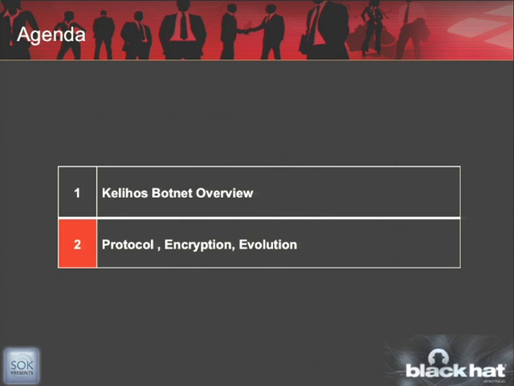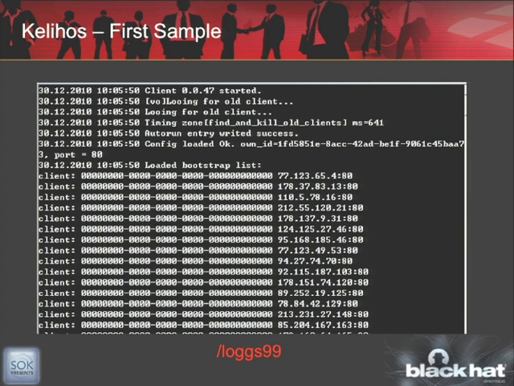So next part, I'll give a detailed analysis of the Kelihos protocol and the encryption. Maybe this part will feel a bit boring. This is the first sample I got in hand at the end of 2010. At the very beginning stage, Kelihos spread itself. It also has a parameter to show debug logs.